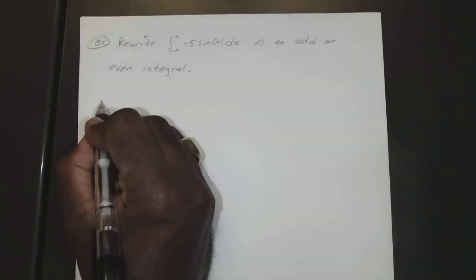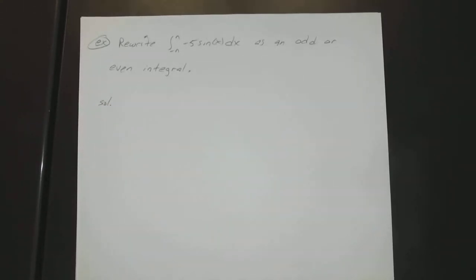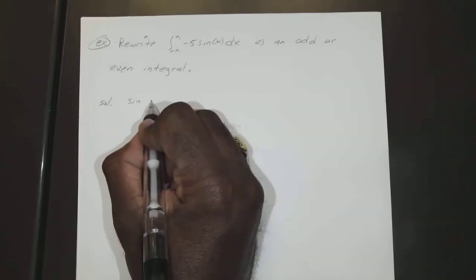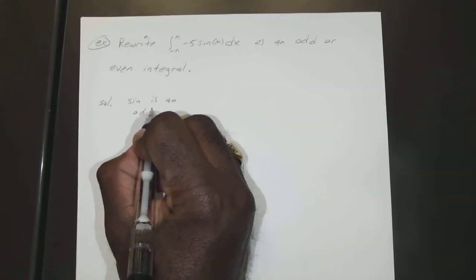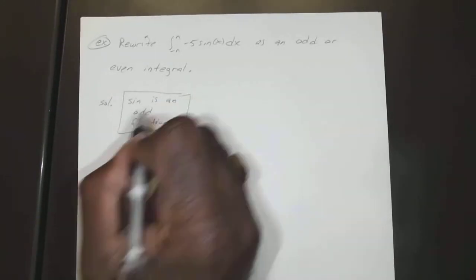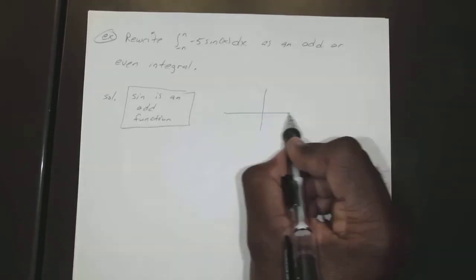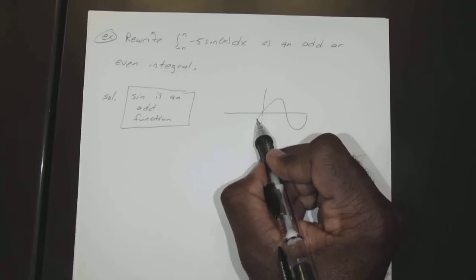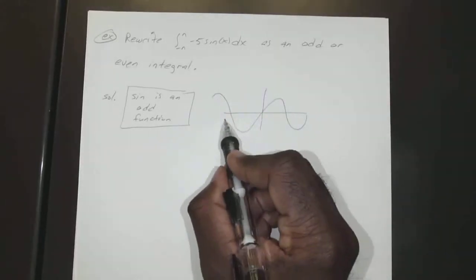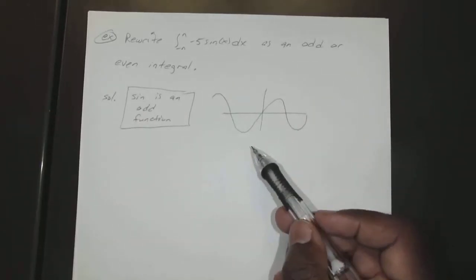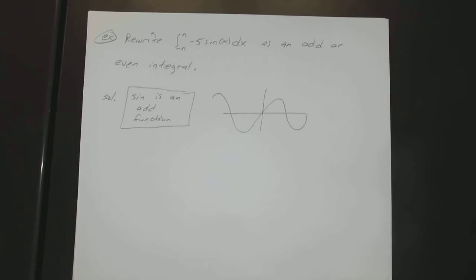Okay, now with sine, that's an odd function. So if you have your graph of sine, if you flipped it over the y-axis, then again over the x-axis, that's how you know it's symmetric across the origin.